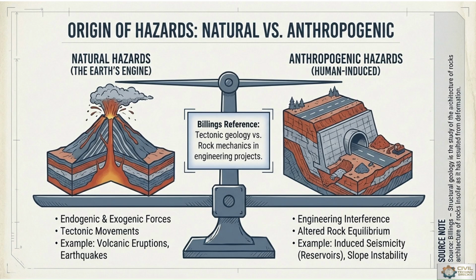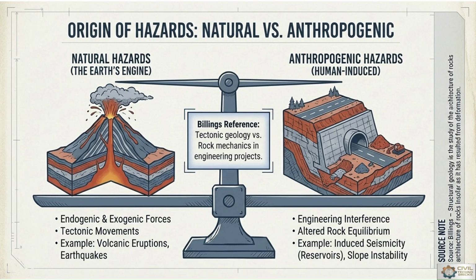Examples include reservoir induced seismicity, slope failure caused by construction activities and many more. Engineers must understand both natural and human induced hazards for safe project planning.